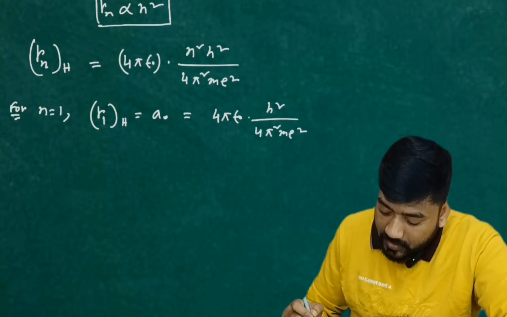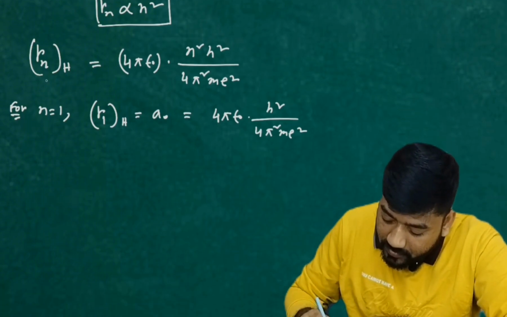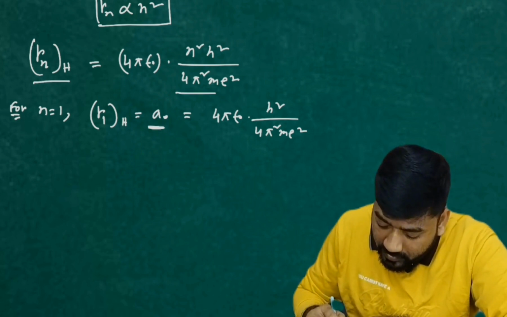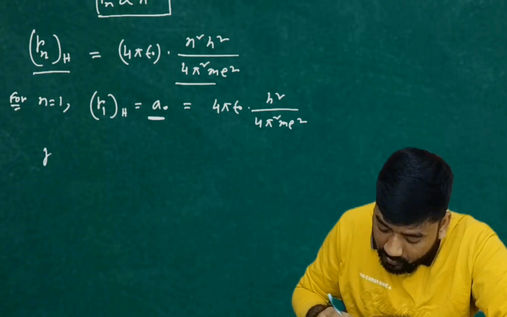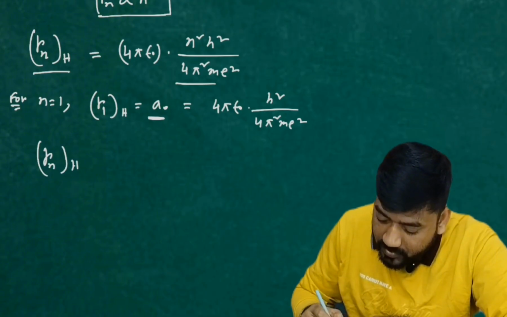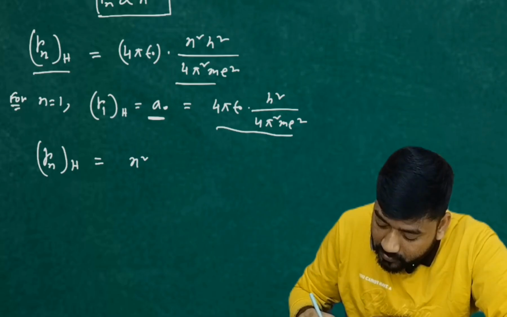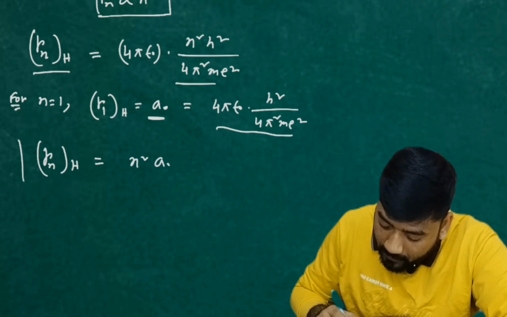Now if you want to write this expression in terms of a0, you can write Rn of H is equal to basically n square into a0.